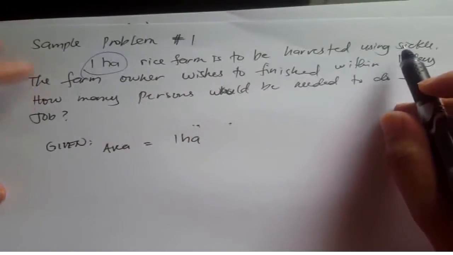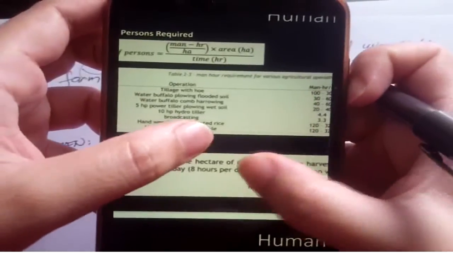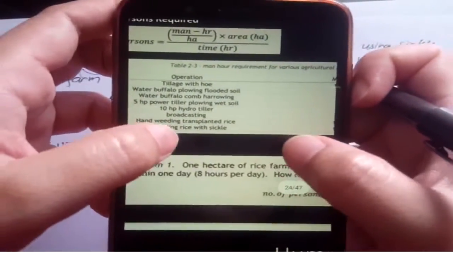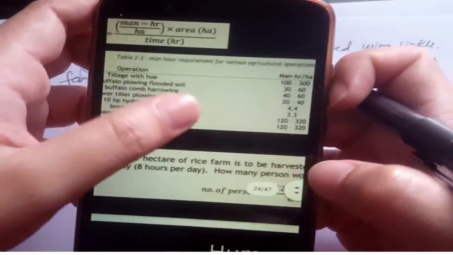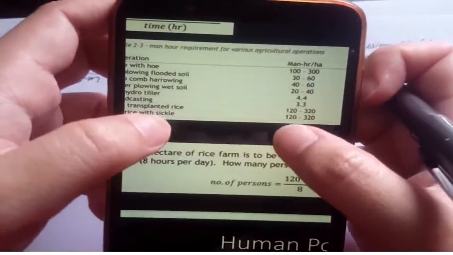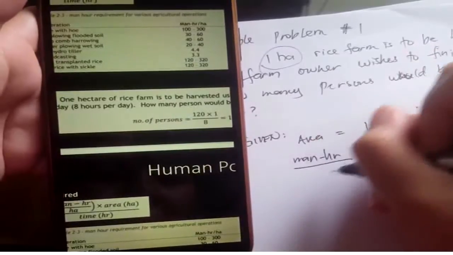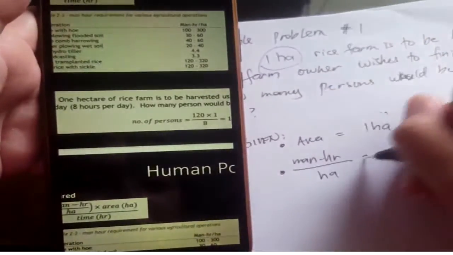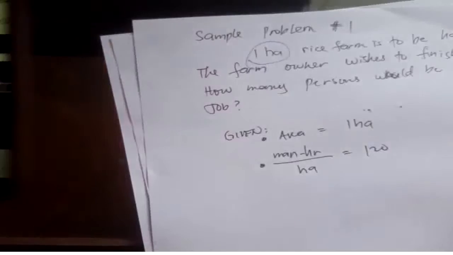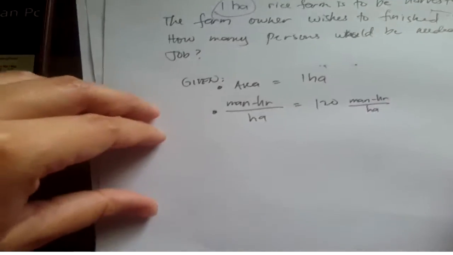On Table 2.3, man-hour requirement for various tillage operations, harvesting rice with sickle is 120 to 320 man-hour per hectare. Let's assume and use 120. So man-hour per hectare is 120, and the unit is of course hour per hectare.